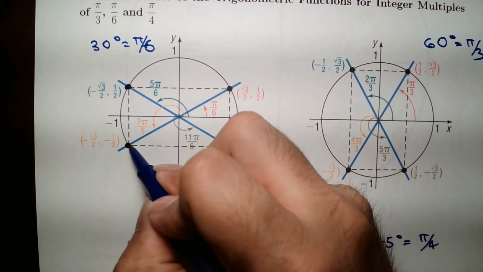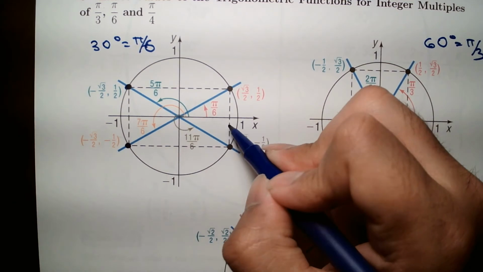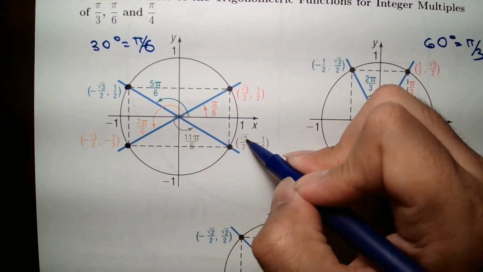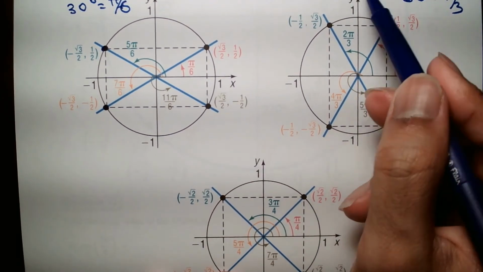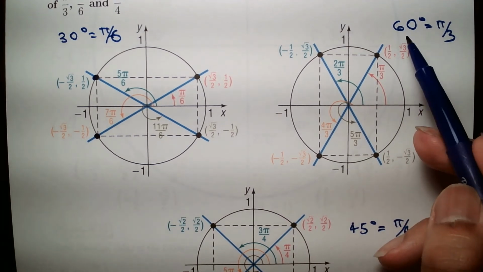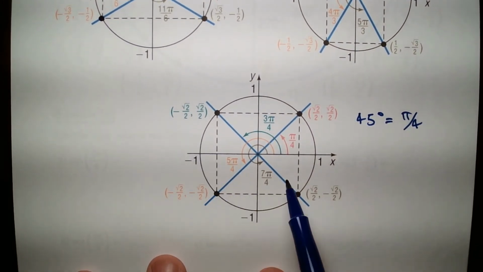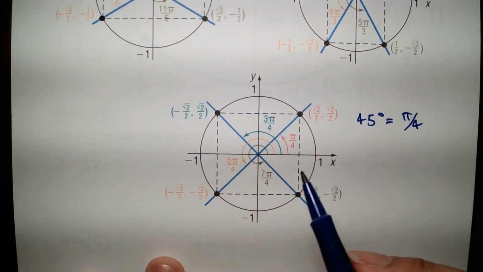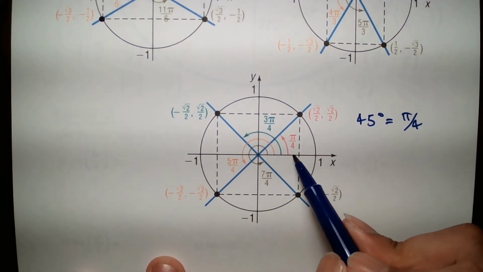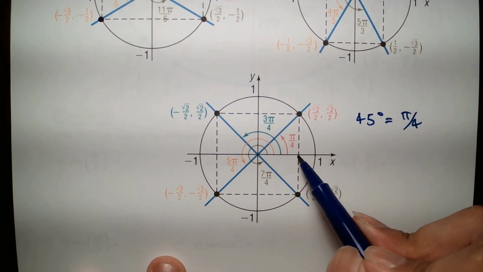A point in the third quadrant, they are both negatives. A point in the fourth quadrant, x is positive, y is negative. And it's the same for the 60-degree angle and the 45-degree angle. Look at the signs: negative, positive, negative, negative, positive, positive, positive, negative.